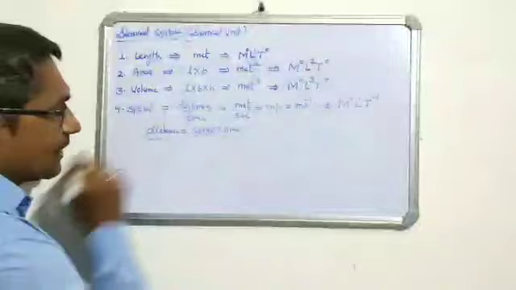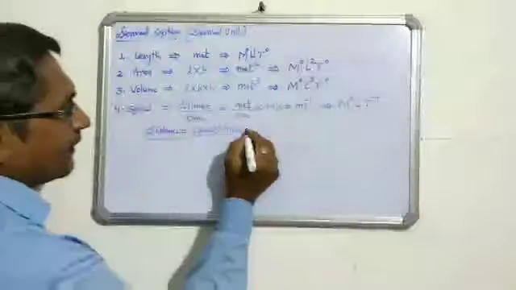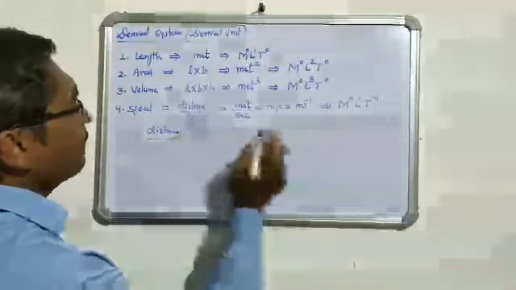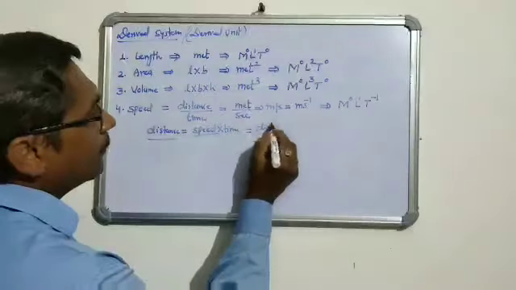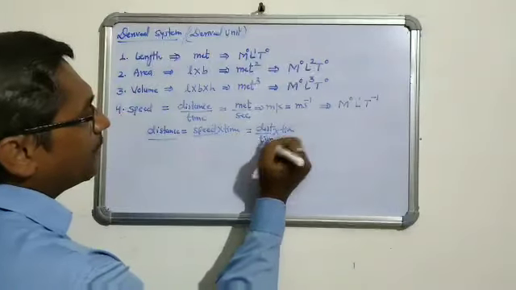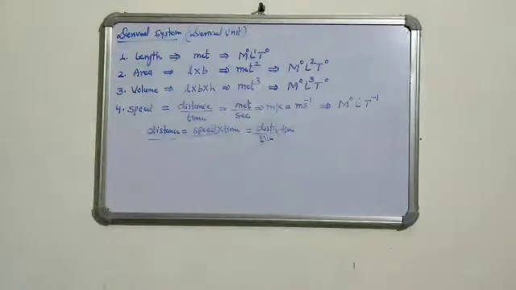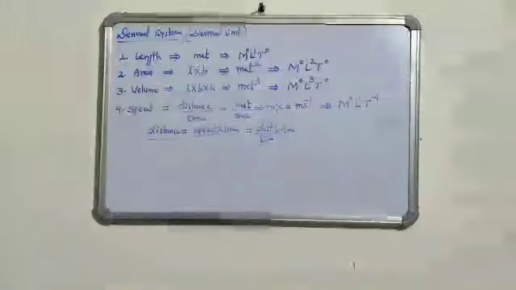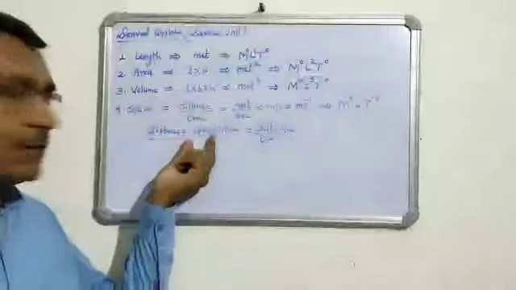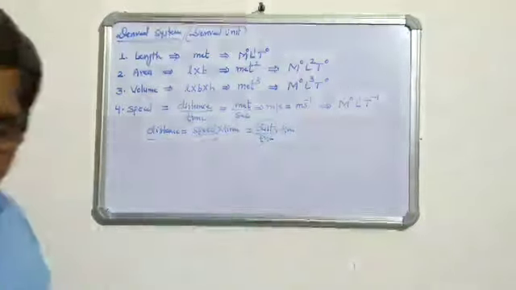But distance is a fundamental quantity. After solving, we get distance is also fundamental because speed equals distance upon time, into time. Time and time cancel, so we get distance. That's why we can say distance is a fundamental quantity, but speed is not. It is a derived unit. Okay, I think it is clear.